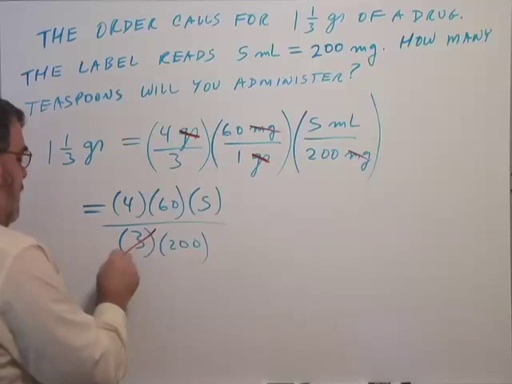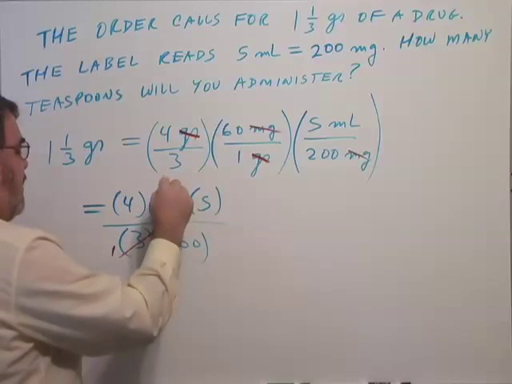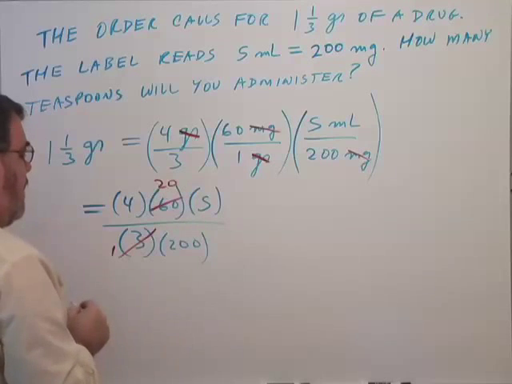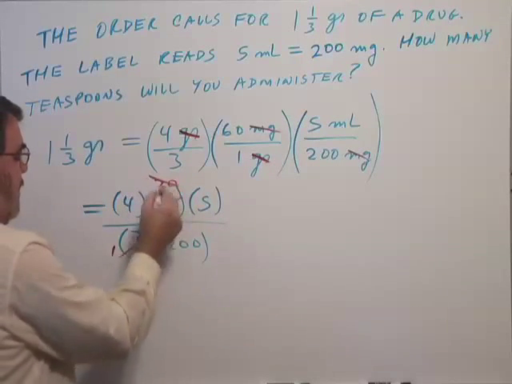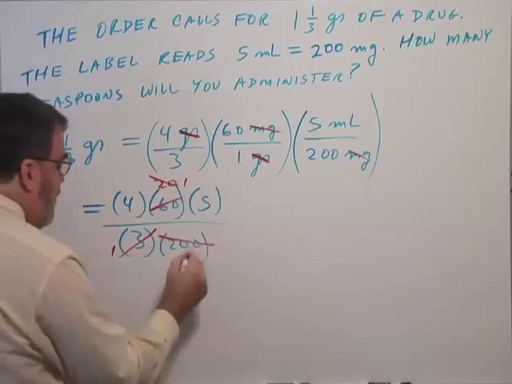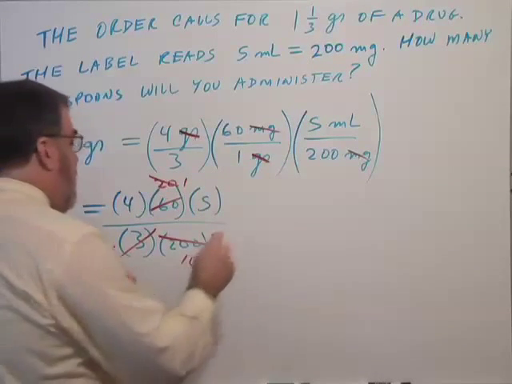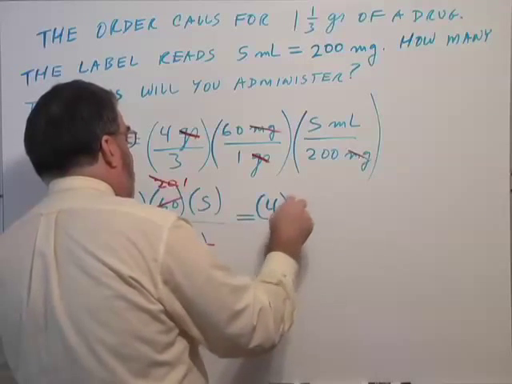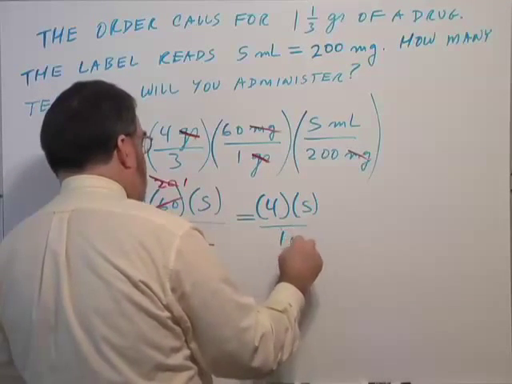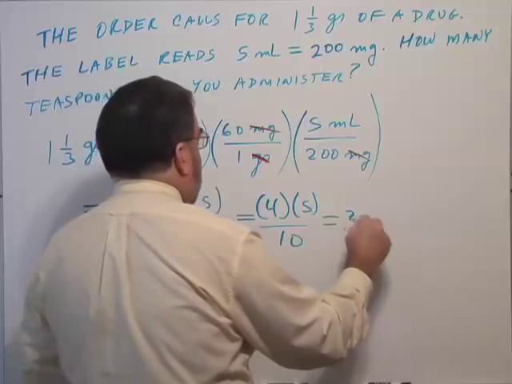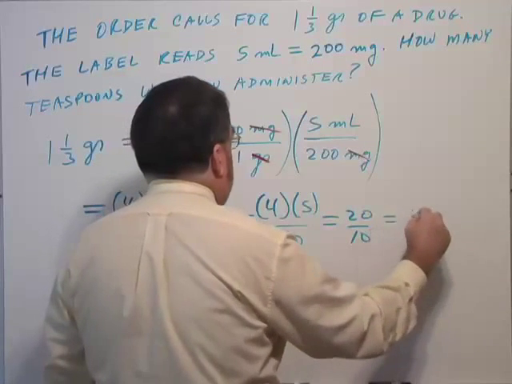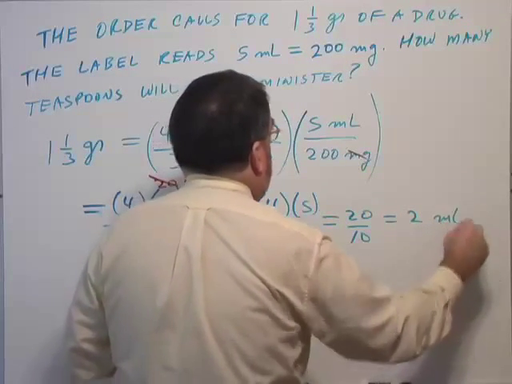For example, the 3 cancels 60, leaving 20. And then 20 cancels 200, leaving 10. And so we have 4 times 5 over 10. Well, that's 20 over 10, which is 2 milliliters.